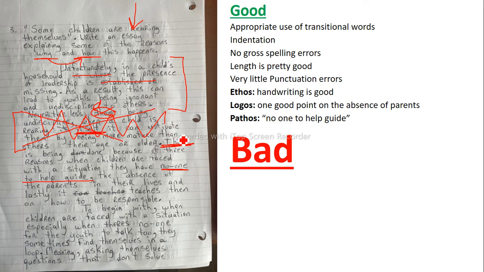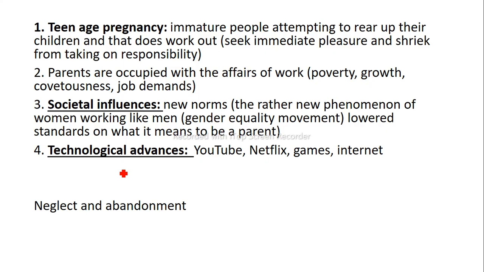Then they could say, the reason why children are rearing themselves, or we could say, there are many reasons why some children rear themselves. These reasons include, number one, teenage pregnancy, number two, social influences, and number three, technological advances. And then that's a good introduction.